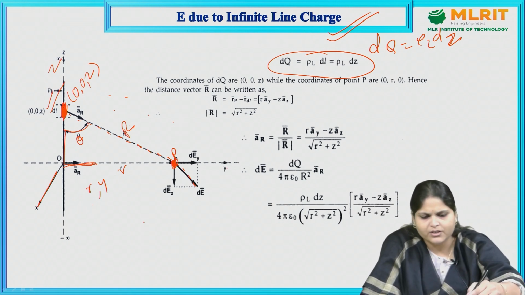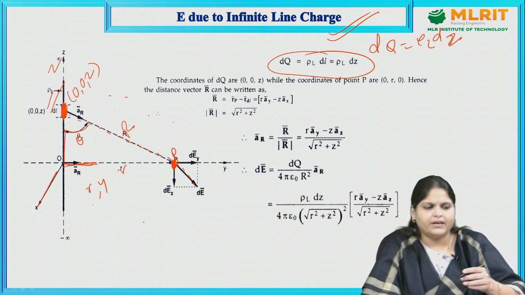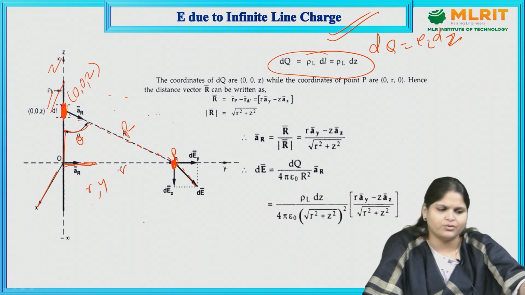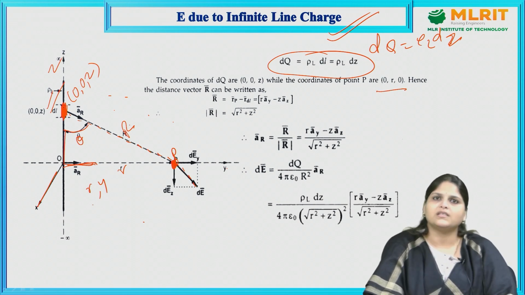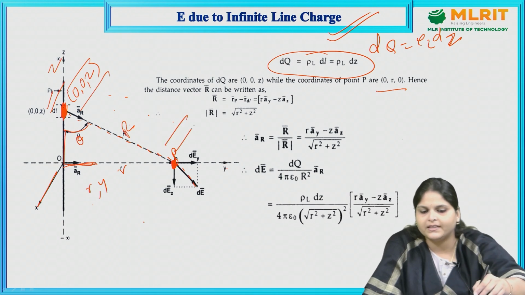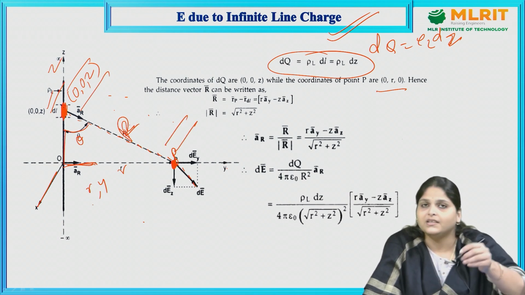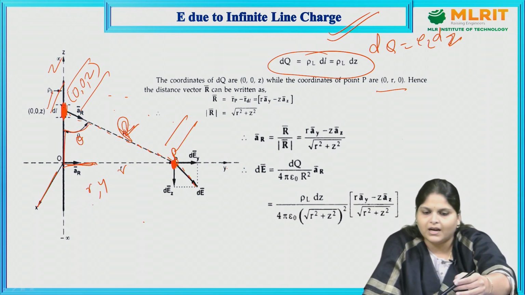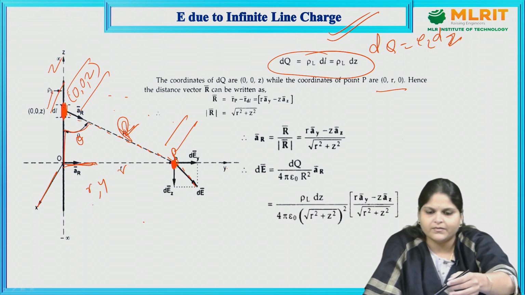And the coordinates of this point P, if you notice, only r is there on the y axis, so it becomes 0, r, 0, right? So now because we have the coordinates of this point and this point, we can find the value of R. So it becomes r_P minus r_dl.